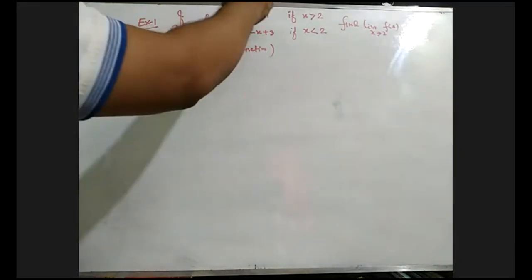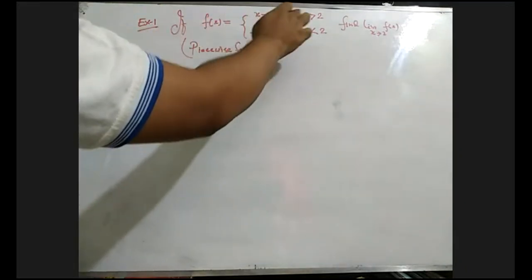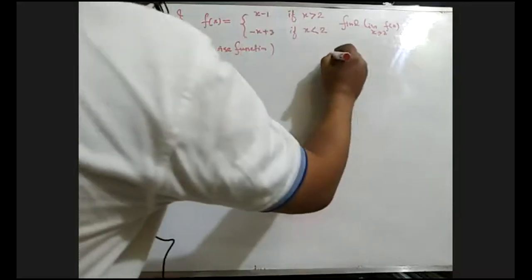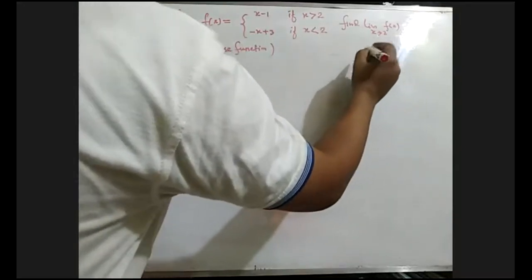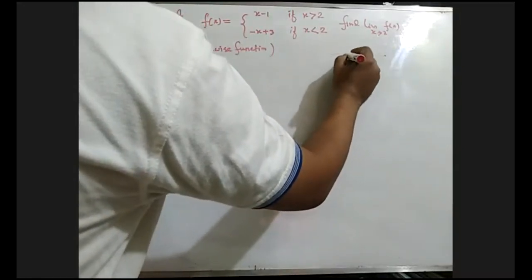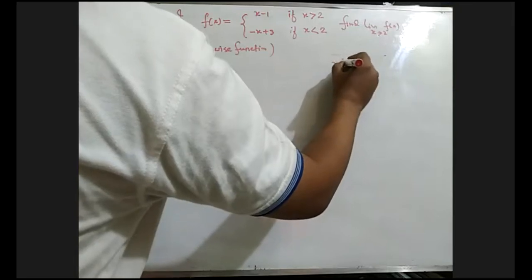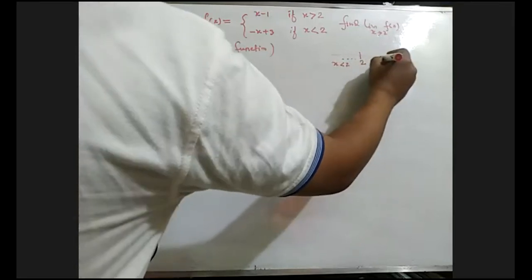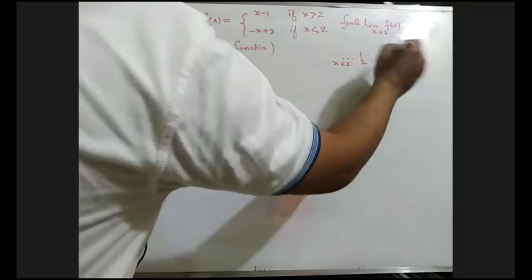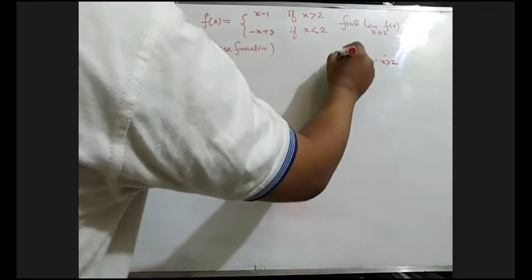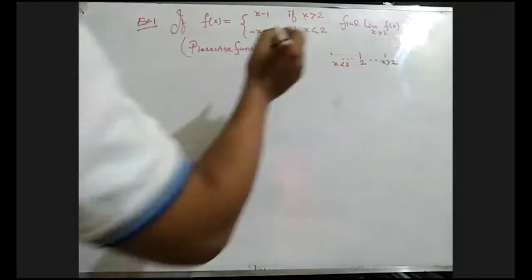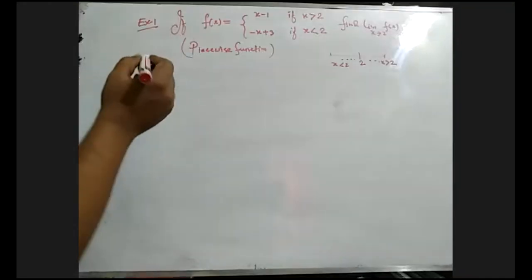Today this is piecewise because one function is defined for x less than 2 and another for x greater than 2. So this is the left hand limit and this will be the right hand limit.